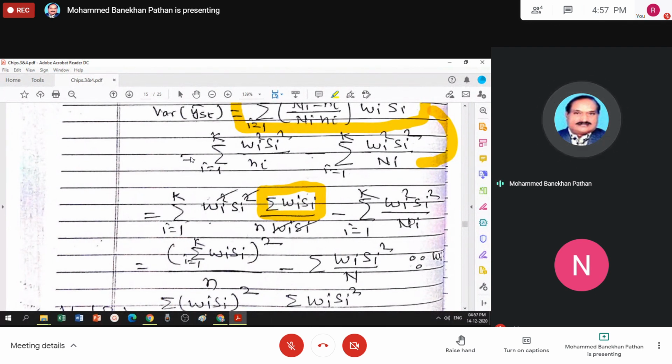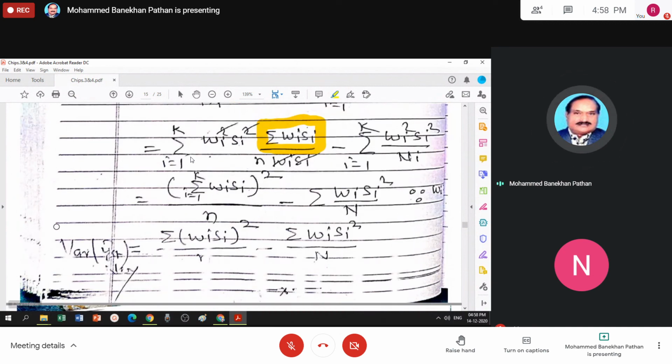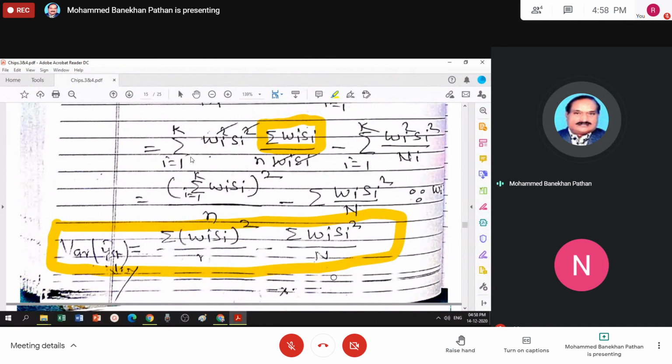Now here one Wi is Ni upon N. So this Ni gets cancelled and you get only one Wi there. So Ni is replaced by capital N. So summation Wi Si square by capital N. So this is my formula of variance of y bar st under Neyman's allocation.